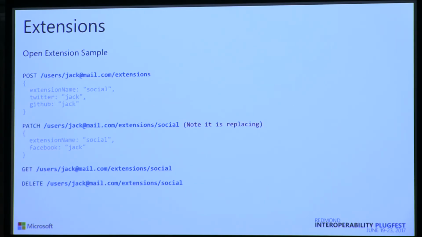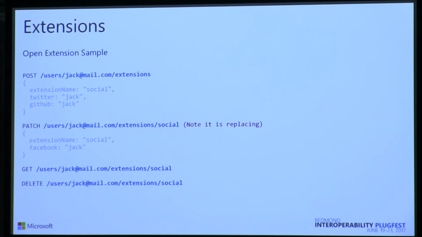For the open extension, here is one sample: if you post to the link, and where's my mouse? Okay, I can't see the mouse. Oh, okay. So we call this extension name maybe social, and we add two extensions, maybe Twitter and GitHub. This will add this social extension to the existing data under the user.